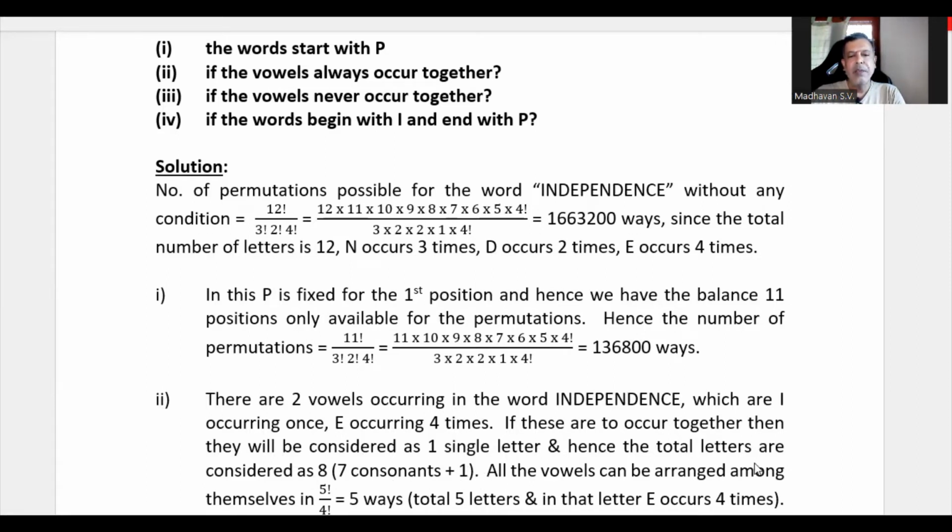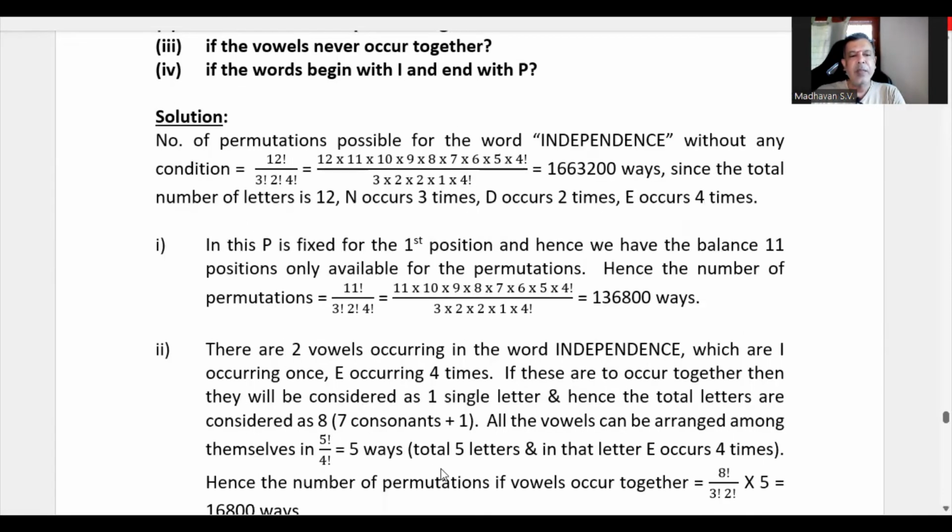So all the vowels can be arranged among themselves. Since there are 5 vowels and in that E is repeating 4 times, we have 5 factorial by 4 factorial, which becomes 5 ways.